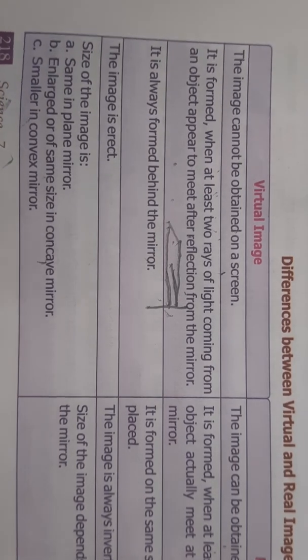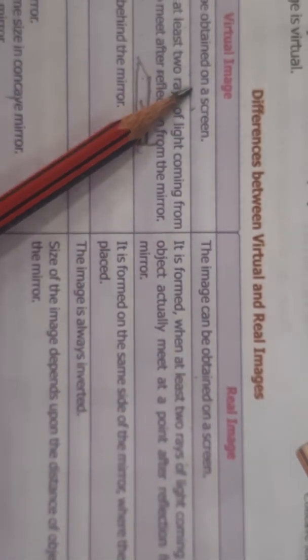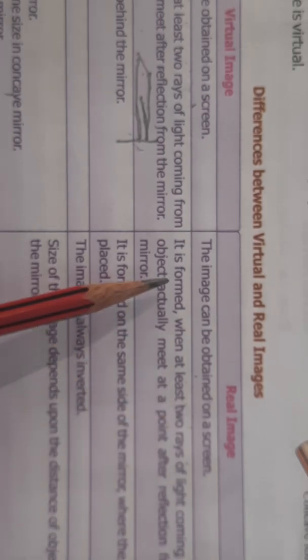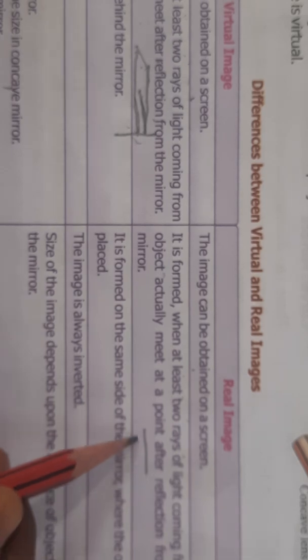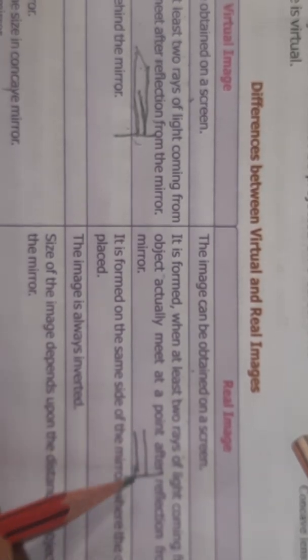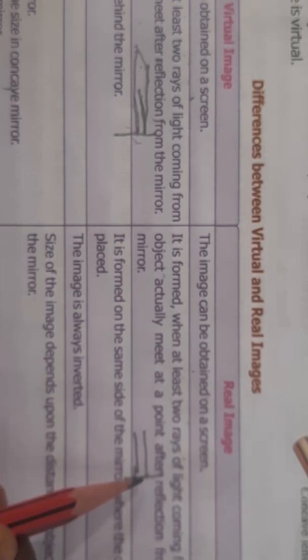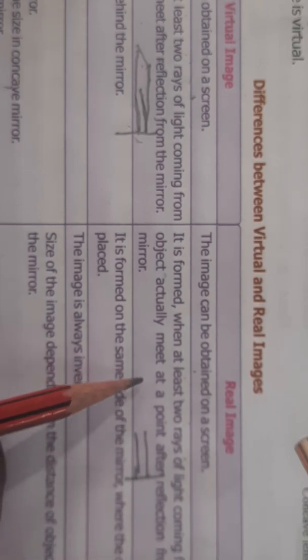Okay, and real image, the image can be obtained on a screen. A virtual image cannot be obtained on the screen, but a real image you can obtain on a screen. Here when two rays of light coming from an object meet at a point after reflection from the mirror, after reflection they actually meet.